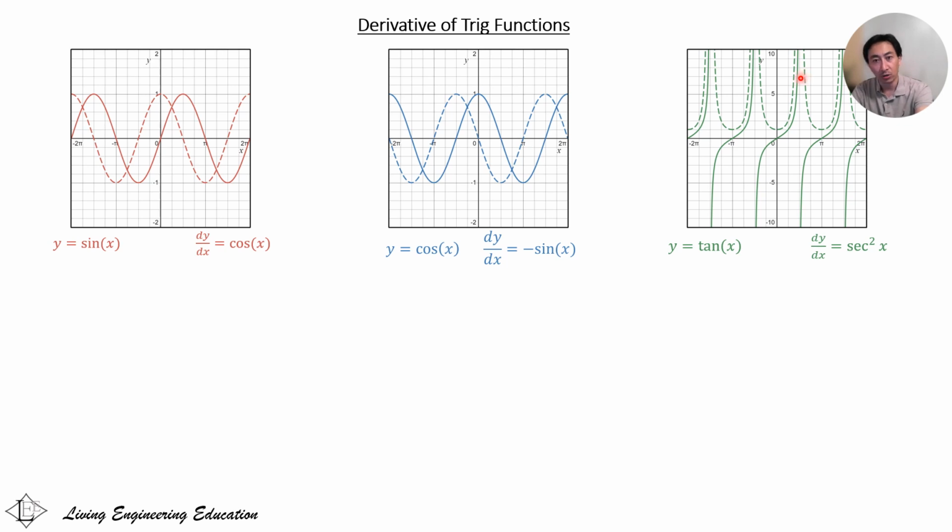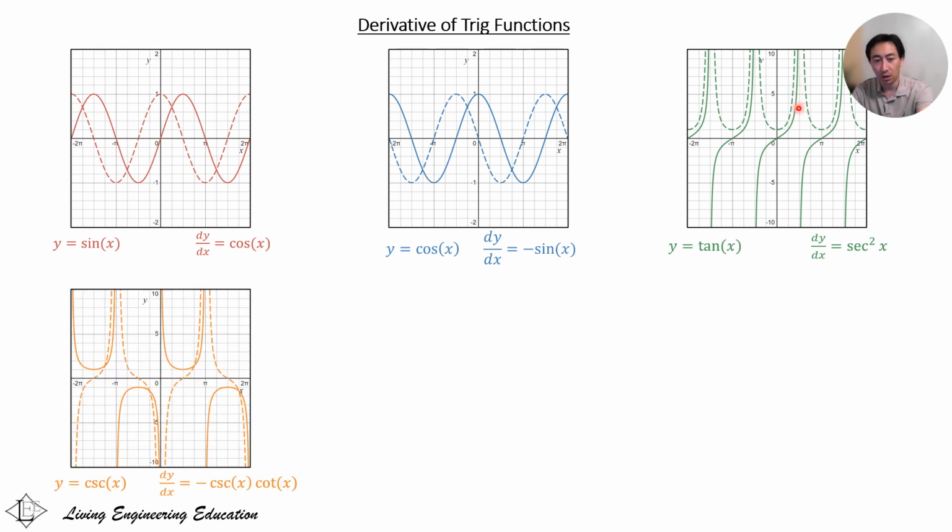And your other trig functions have similar behavior. I'm not going to derive them for you here. We'll derive them when we look at the quotient rule. So you have your cosecant, and the derivative of it is negative cosecant times cotangent. So it's solid, you have your cosecant, and your dash, you have your derivative.